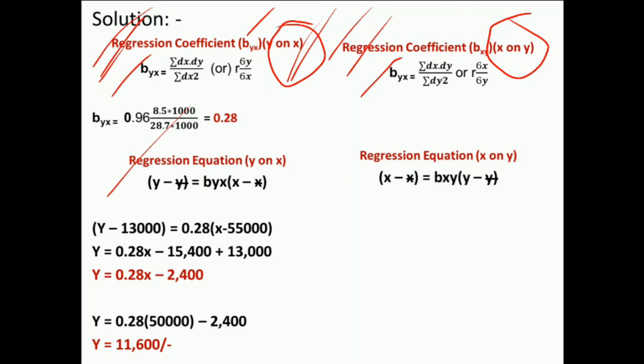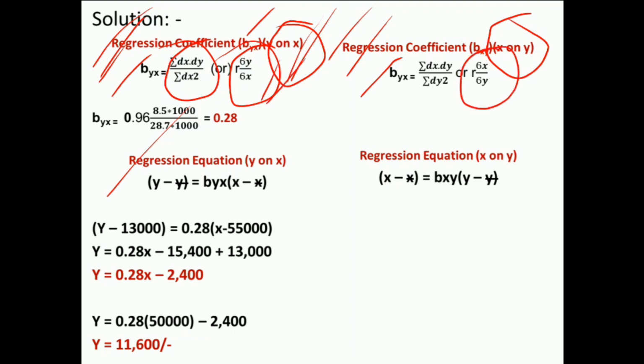The first one is byx, where y is dependent on x. It is given by the formula summation dx dy divided by summation dx square, or there is one more formula, r into standard deviation y divided by standard deviation x. In this type of problem we will be using the second formula.